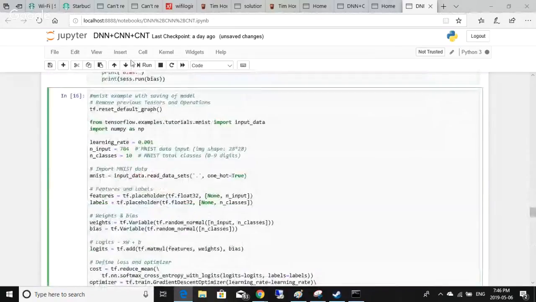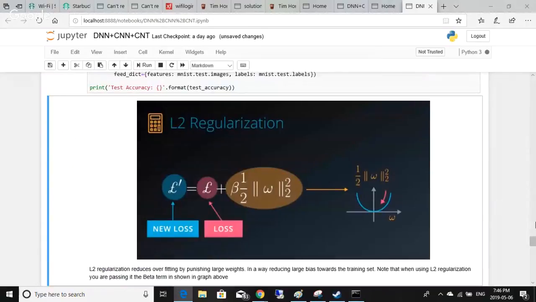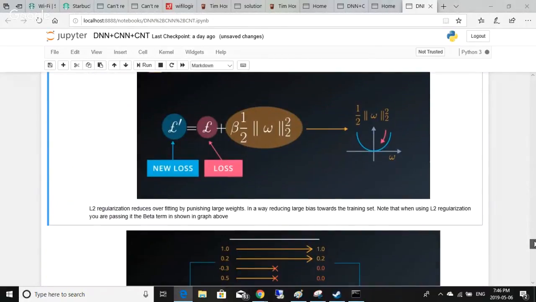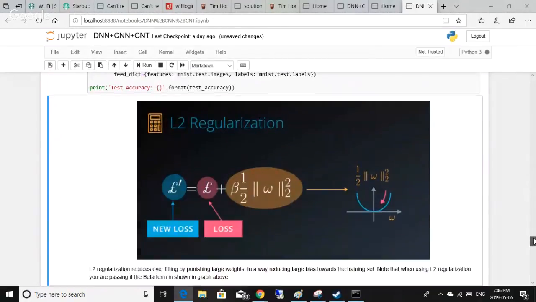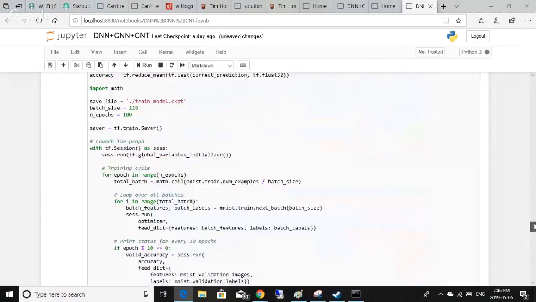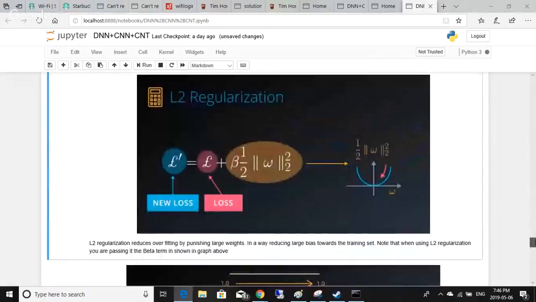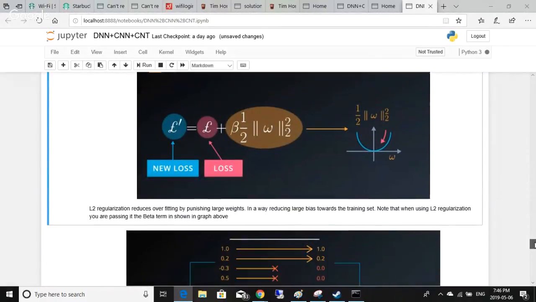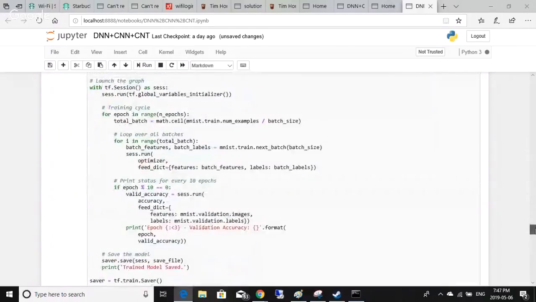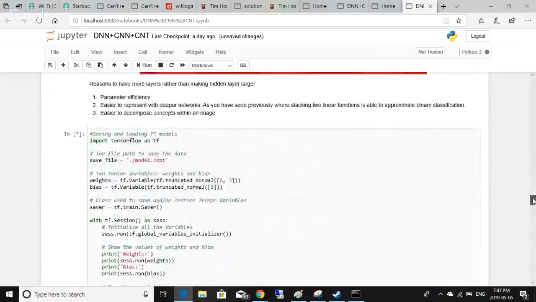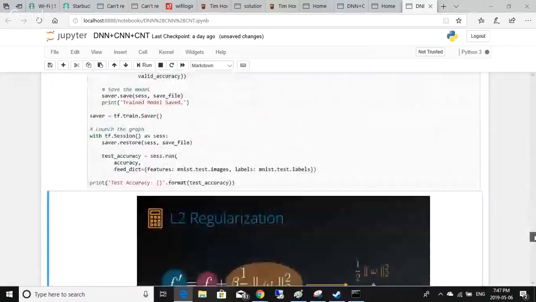It's relatively slow. Okay, not waiting for it anymore.